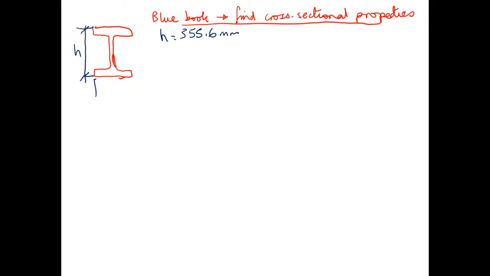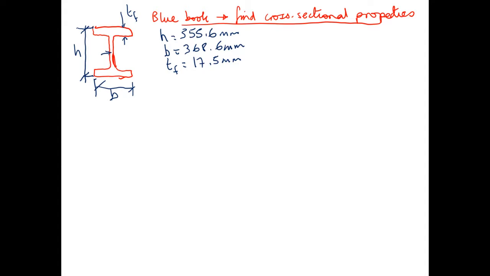We also need the width of the section, B, that's 368.6 millimeters. We need the thickness of the flange, which is equal to 17.5 millimeters.